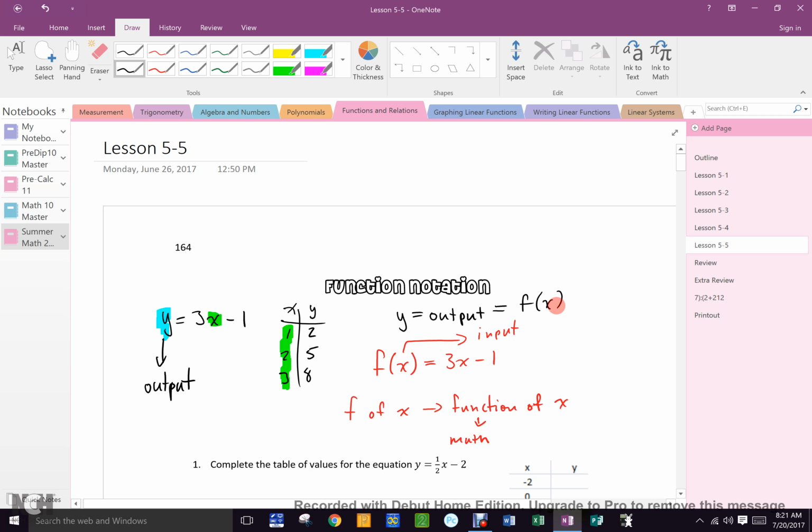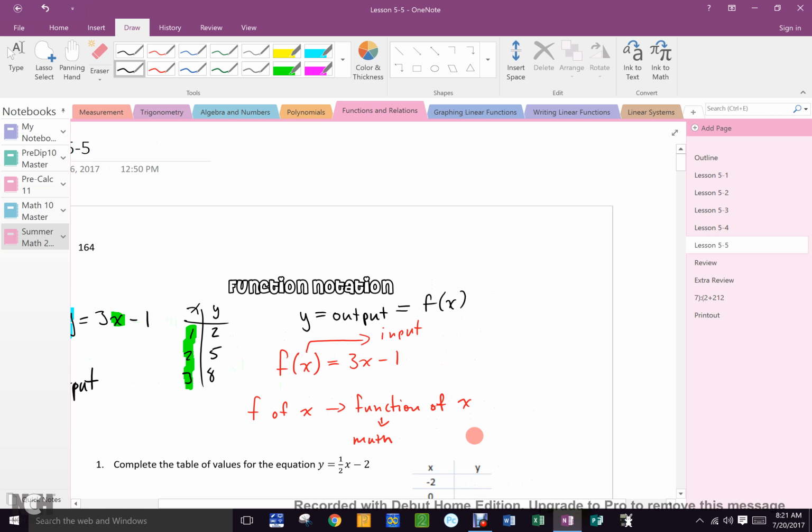Is everybody cool? Some of you won't have seen this before if you're taking math 10 for the first time. So if I start with f of x equals 3x minus 1, and then I tell you to input some numbers, well, do I still get to choose the inputs?